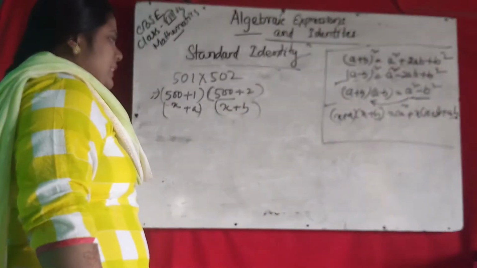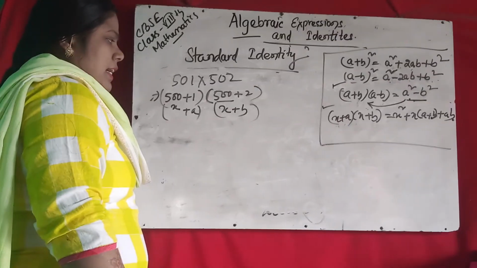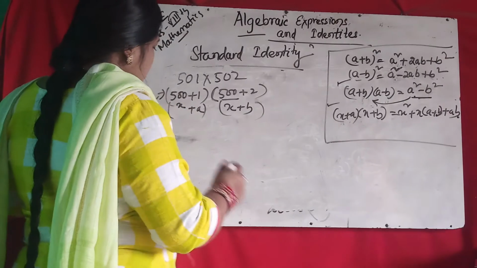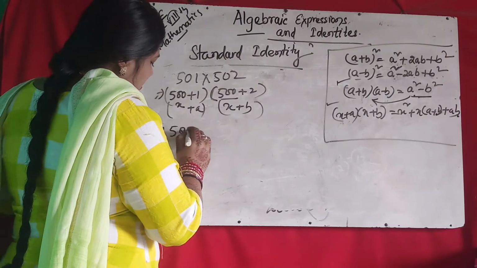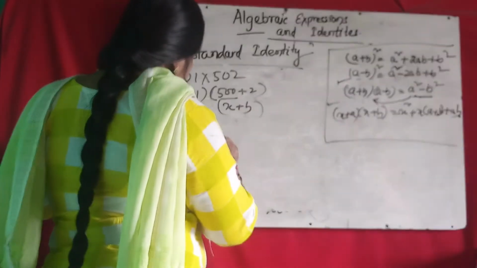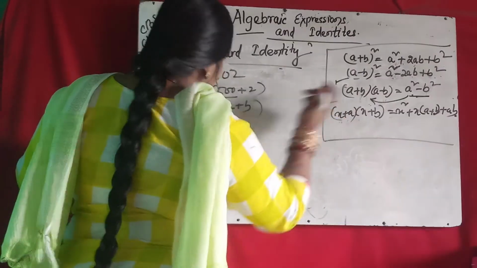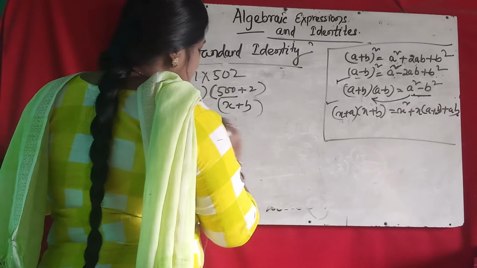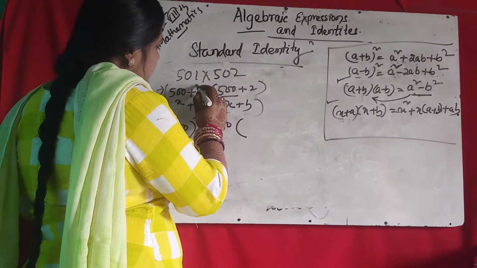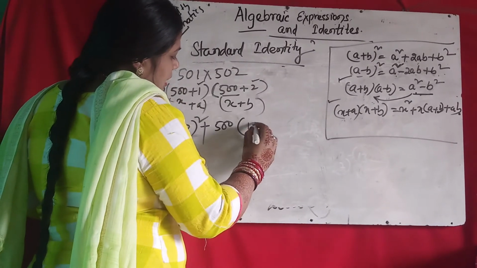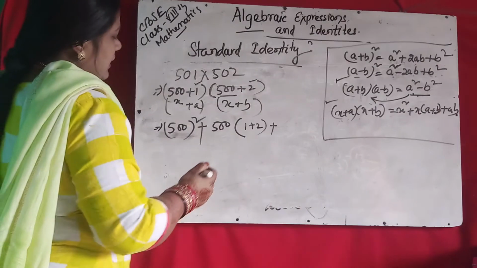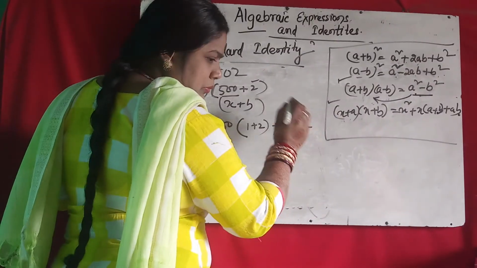By using the identity you will do it like this: (x + a)(x + b). According to the formula it is x square, first one is 500 square, then plus x into a plus b, that is 500 into (a + b), here a is 1, b is 2, so 1 plus 2, plus ab, which is again 1 into 2.